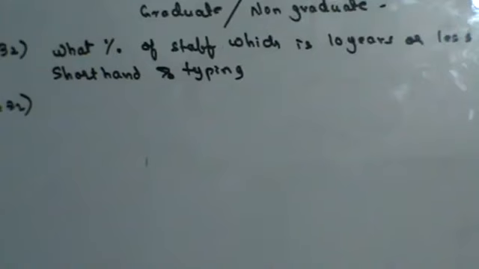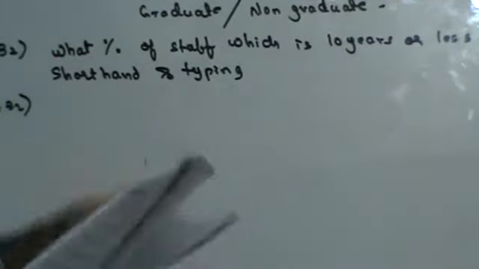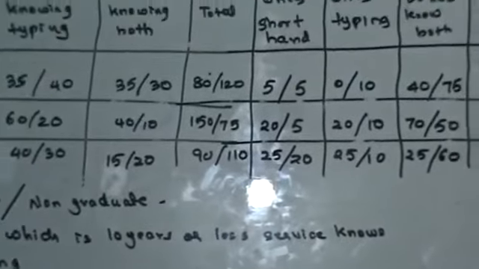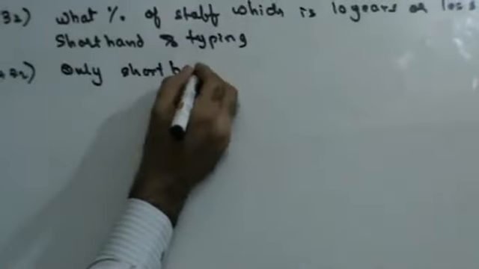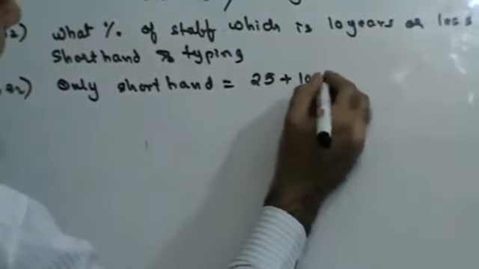What percentage of staff which is less than 10 years of service knows shorthand and typing? Now, knows shorthand, guys, knows only shorthand. See, only shorthand, and less than 10 years will be 25 plus 10, that is 35.